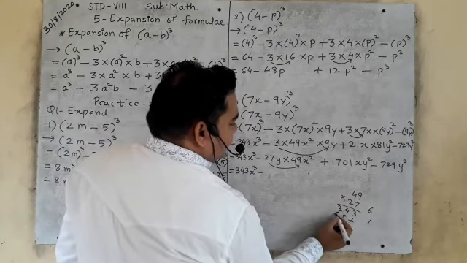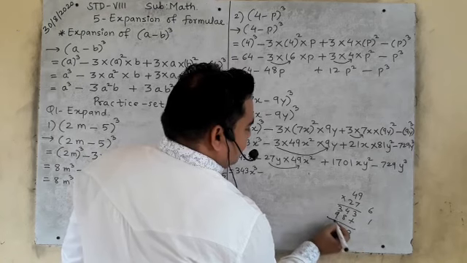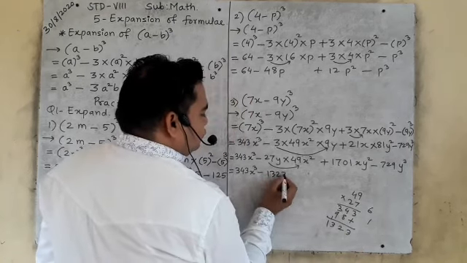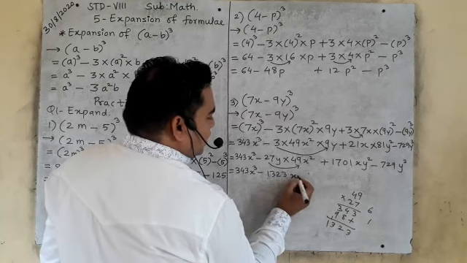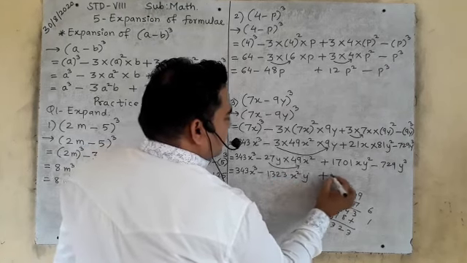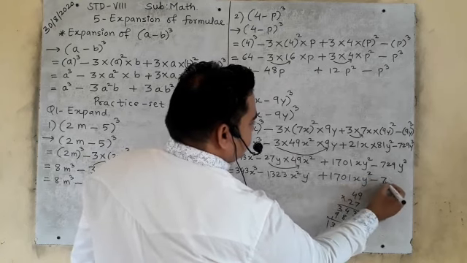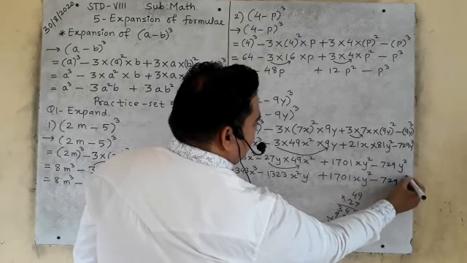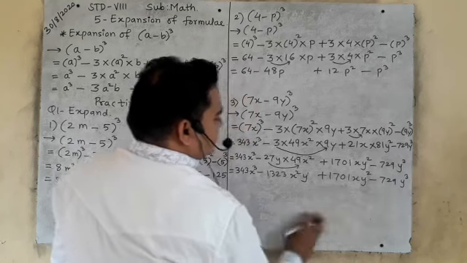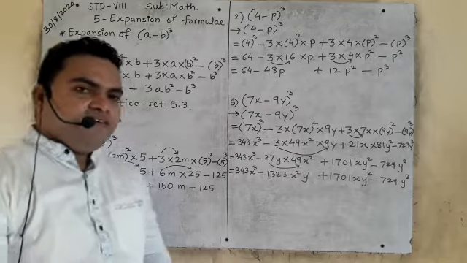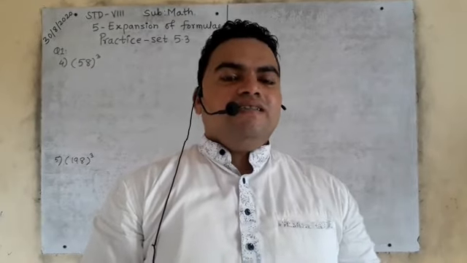Carry 1. 2 4s are 8 and 1 9. 3 12. 10 and 13. 1, 3, 2, 3. X square y plus 1701 xy square minus 729 y cube. Finish the answer. Is it clear? I hope you understood. It is very easy. Now we will see the next question.